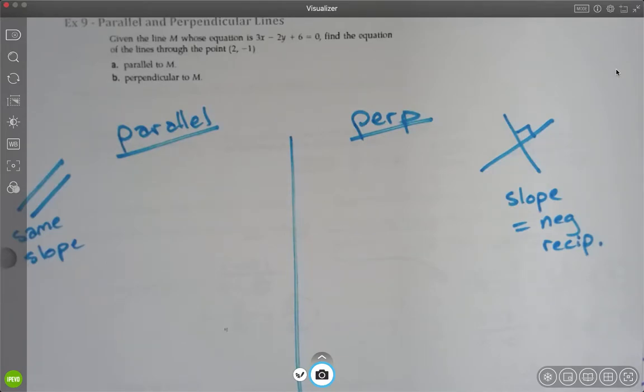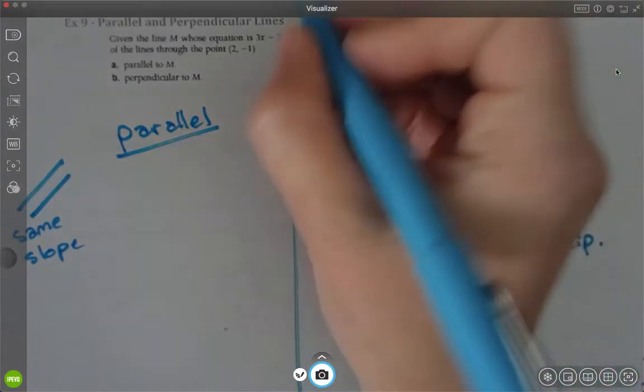Perpendicular lines look like that. Their slopes are negative reciprocals of one another. All right. So our equation up above is this one.